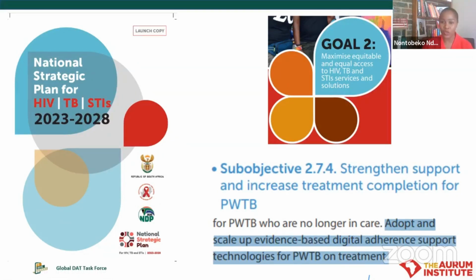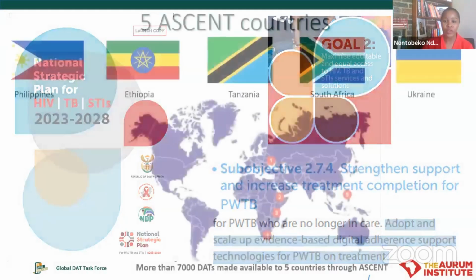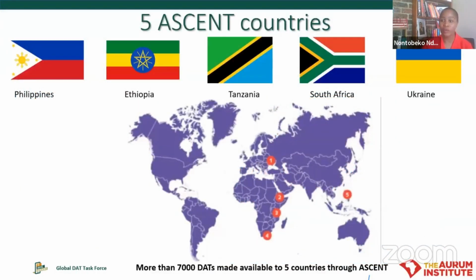Specifically, as you go down under this goal, you see that our national TB program is really interested in adopting and scaling up the evidence-based digital adherence support technologies for people with TB. So it was very good that our country was one of the countries who participated in the ASCENT project.